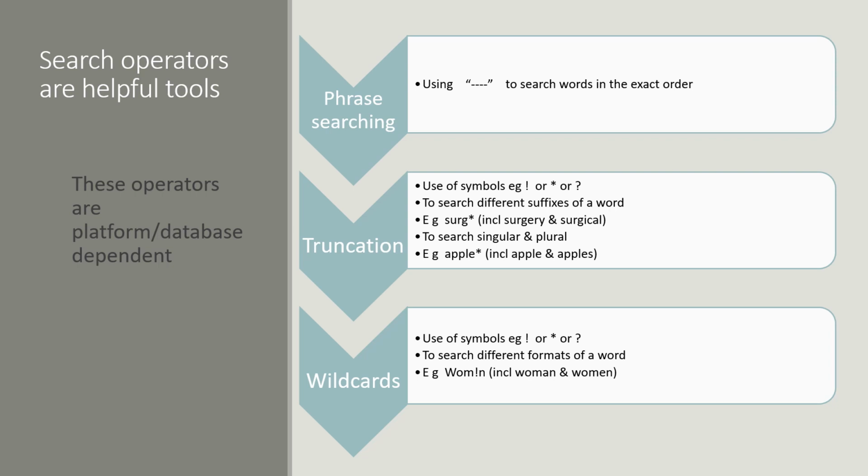For example, surg* will include surgery as well as surgical, or to search singular and plural forms of the word. Wildcards are symbols to take the place of a letter. For example, you want to include woman or women, both of these. Keep in mind that these operators are database or platform specific.